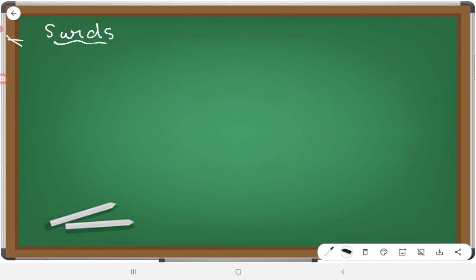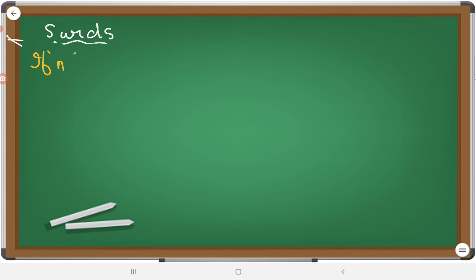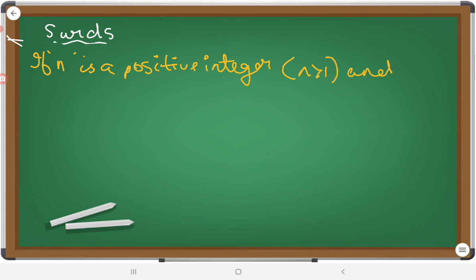If n is a positive integer, that is n should be greater than 1, and a is a positive rational number, we are taking this definition from the nth root of a.